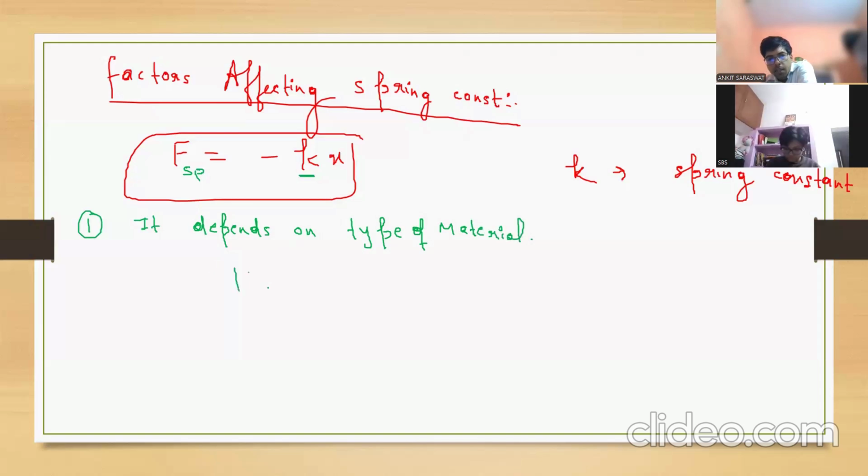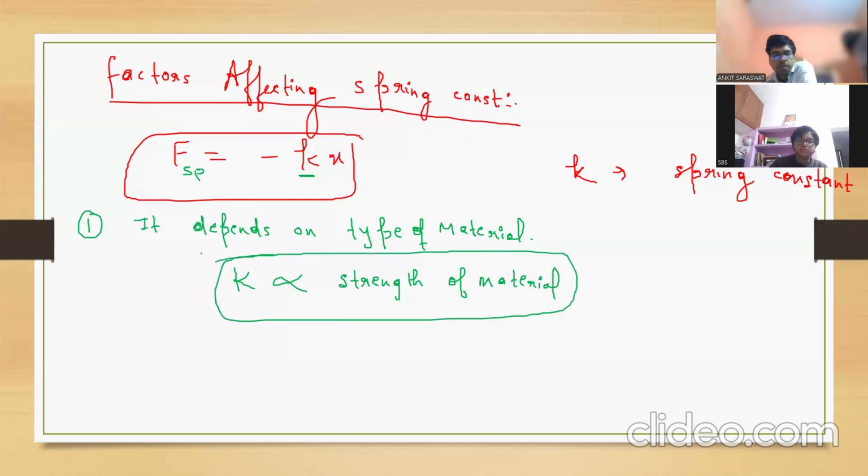So K is directly proportional to the strength of the material. The more the strength of the material, the more is the K. Clear? Understood?